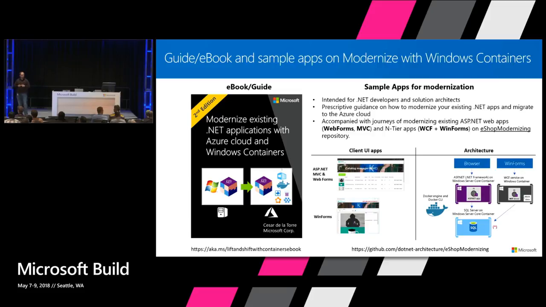This is the ebook I was mentioning, focusing on how to modernize these .NET applications with containers. The reference apps are an ASP.NET MVC application, a traditional WebForms application, and also WCF, and how you can containerize them with Windows containers and run them in multiple environments in Azure.